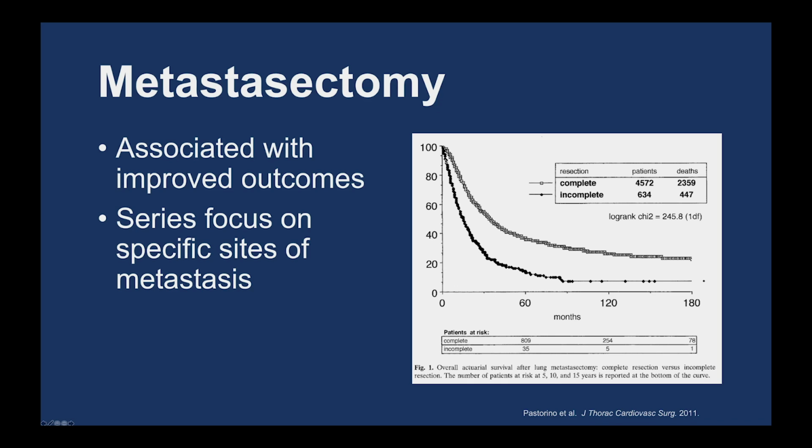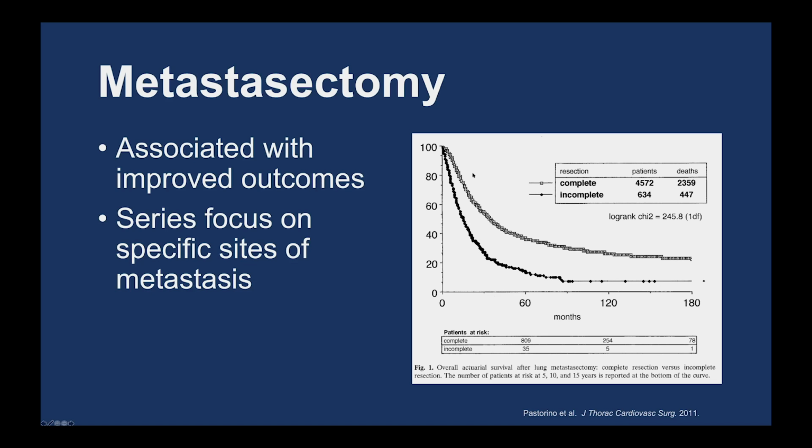On the y-axis here is the proportion of patients who are surviving over time, which is the x-axis. These are the patients over here on the top that did undergo surgery and patients who did not undergo surgery.